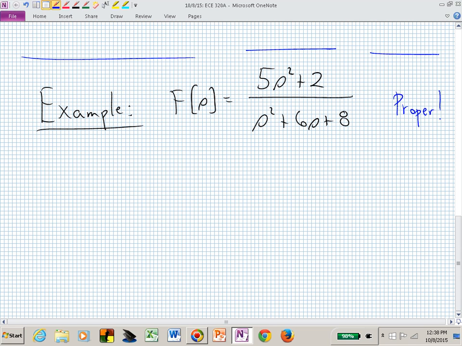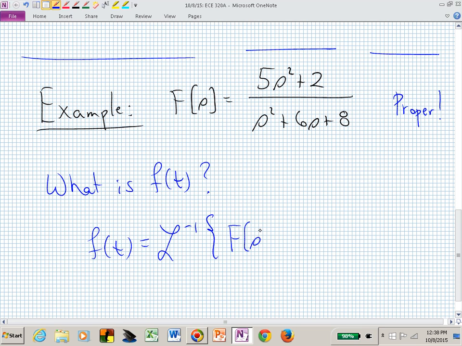And maybe I should have stated this to begin with, we are trying to go back in the other direction, into the time domain. I'm trying to find little f of t, which is the inverse Laplace transform of this capital F of s.